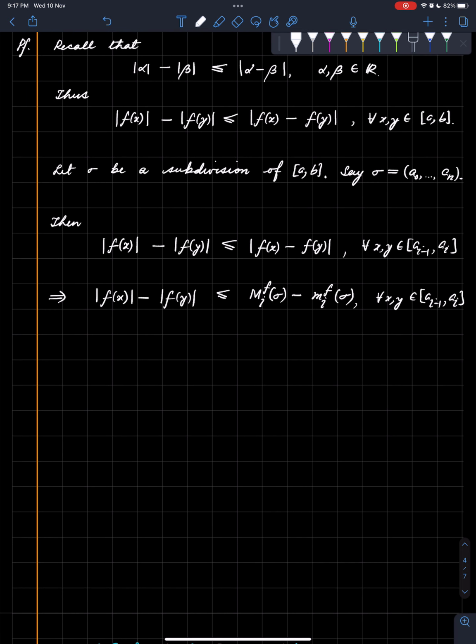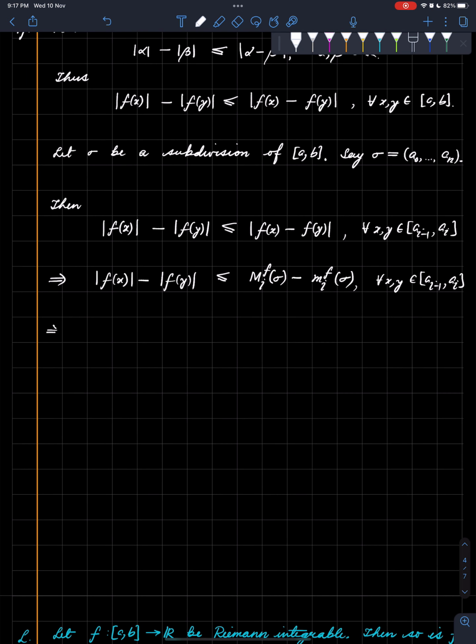So we have that, and therefore this implies, I'll just take the supremum over x in the ith part. Maybe I should write it in this fashion, it looks neater. Minus f(y).